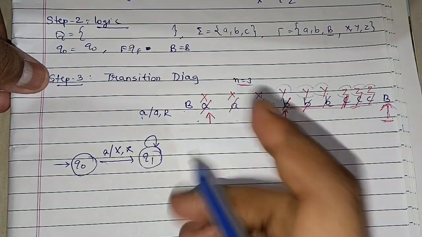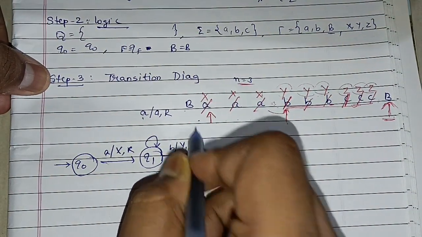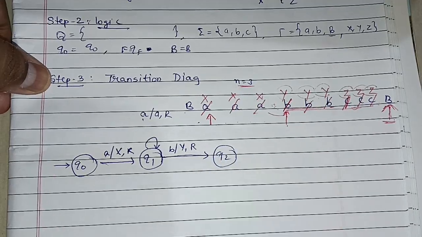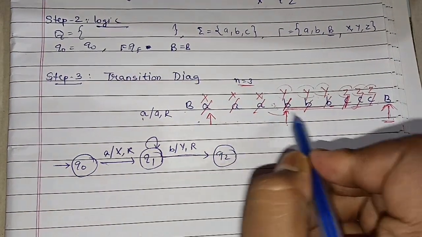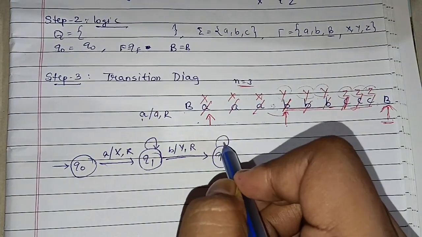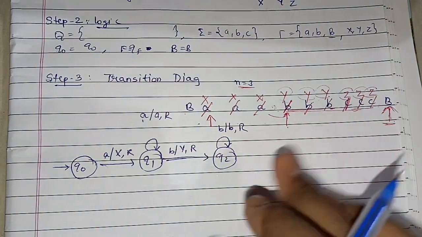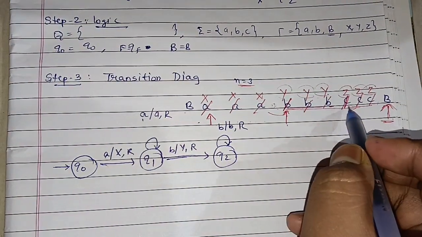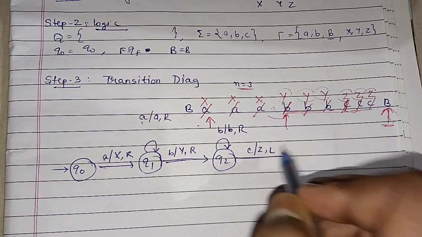If you find the first b, make the b as y and move right, to q2, a new step. Now I have made the b as y; again travel all the b's, keep b as b and move right. Now find the c. If you find the c, make c as z and move left.